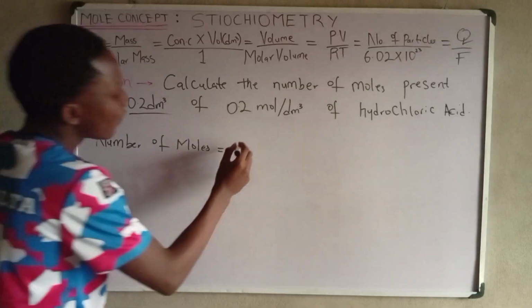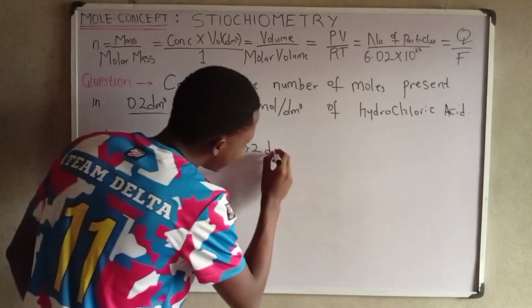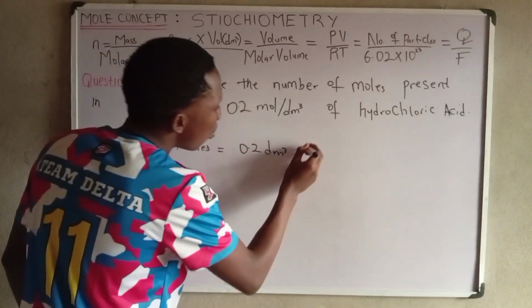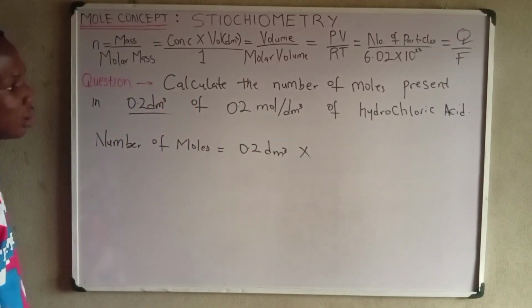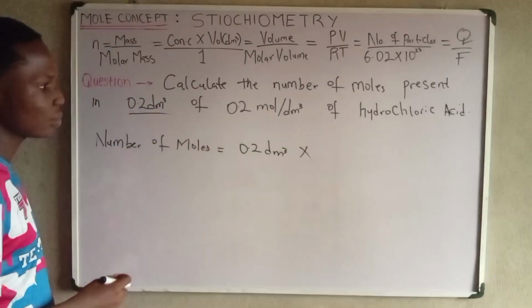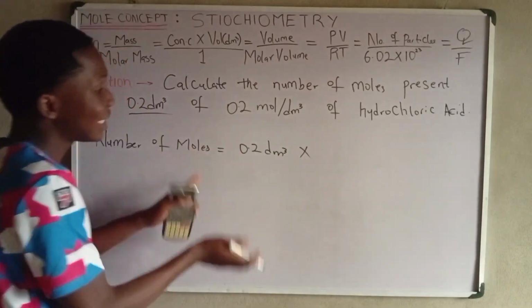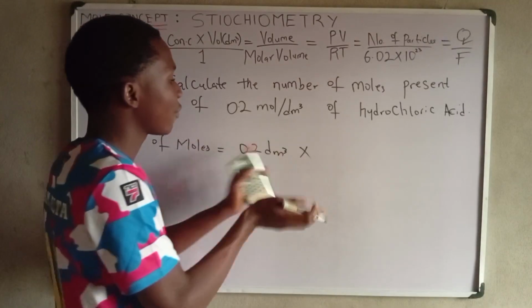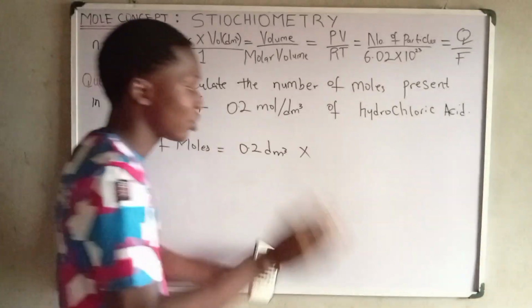Our volume, we put our value, 0.2 dm cube, multiplied by our concentration. Forgive me for writing the volume first instead of concentration before the volume. It's the same thing. We're still going to get the same answer.